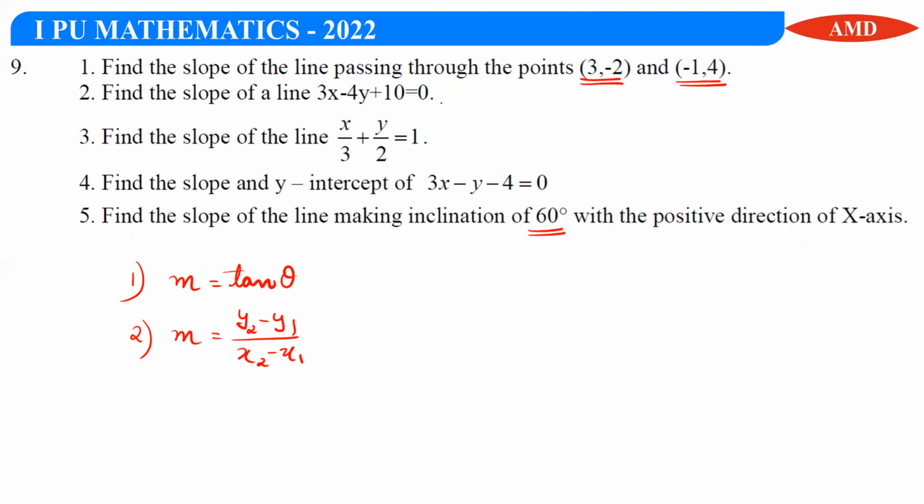And the third possibility is when they have given us the equation of the line, that is ax plus by plus c equal to 0. In such a case, the slope of the line is given by m equal to minus a by b. So you should be ready for all three formulae here. The question will be based on one of these.